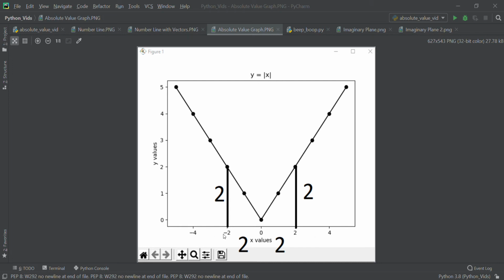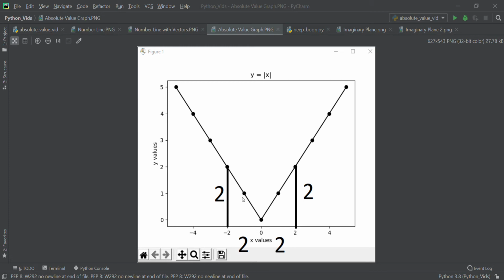So in this example, I fed the computer a list of x values, -5, -4, -3, -2, -1, 0, and then 1, 2, 3, 4, 5 as a list of x values, and I told the computer, hey, for every x coordinate on this list, plot on the y coordinate the absolute value of that x coordinate. And so, for example, if the x coordinate is 4, give me the absolute value of 4. If the x coordinate is -3, give me the absolute value of 3, etc.